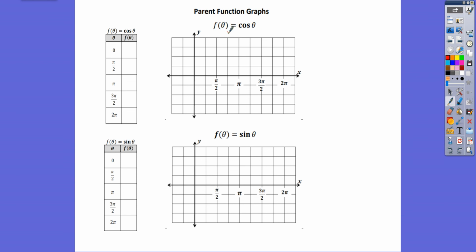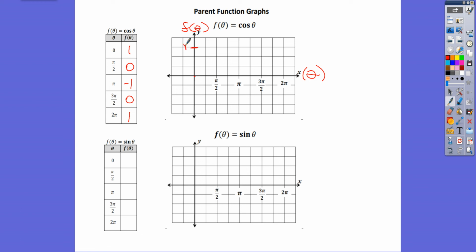So first I'm going to graph my cosine. I'll just carry over our values from above: 1, 0, negative 1, 0, and 1. So our cosine graph, when we're at 0 here for the x, this is our theta. Y will be our f of theta. So at 0, we have a value of 1.